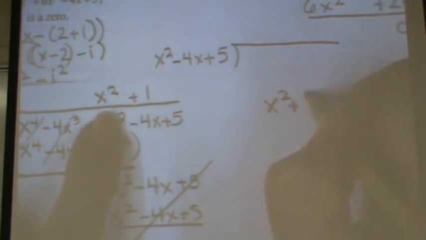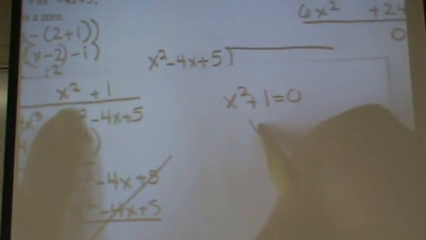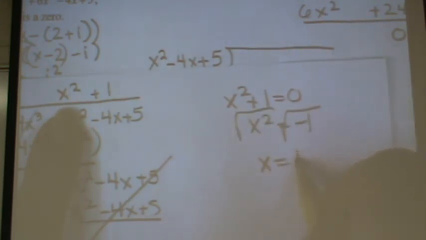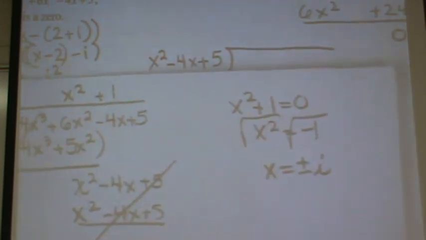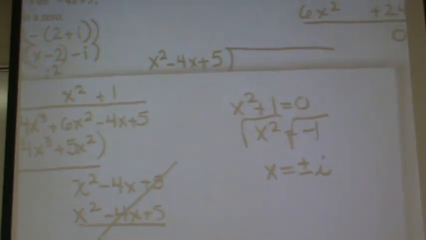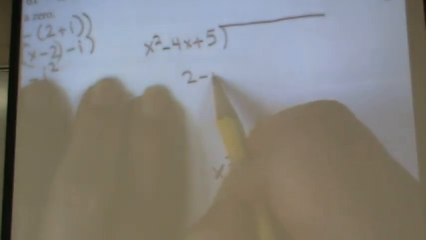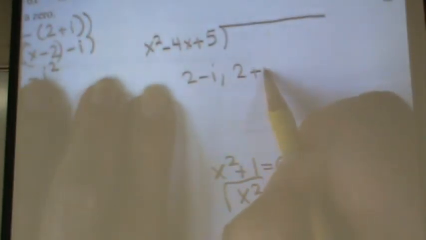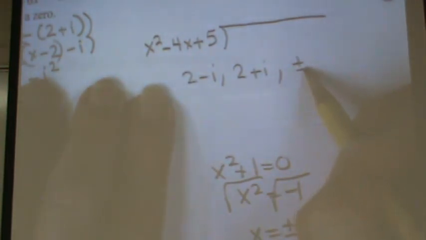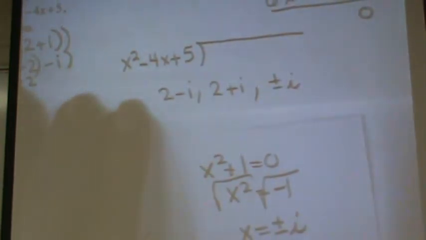This is easy, you guys. Set this equal to 0. Plus or minus what? And there's the other 2 answers. So, on your answer blank, what am I going to write? It's 2 minus i, 2 plus i, and plus or minus i. Okay?